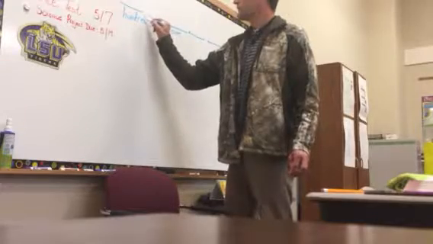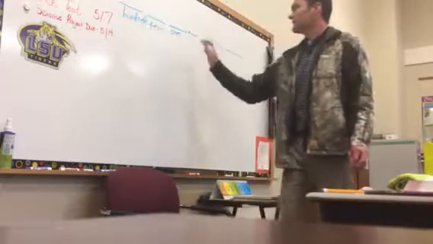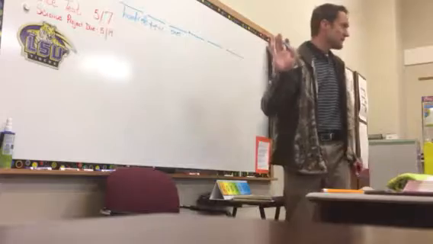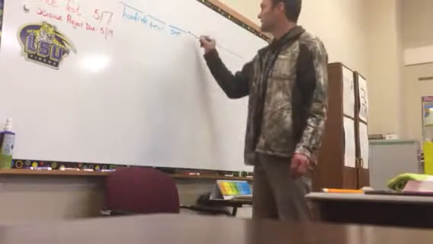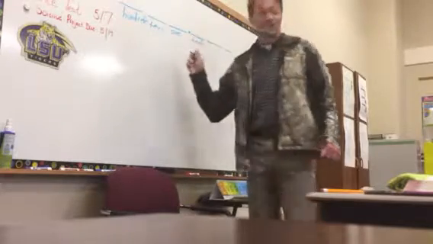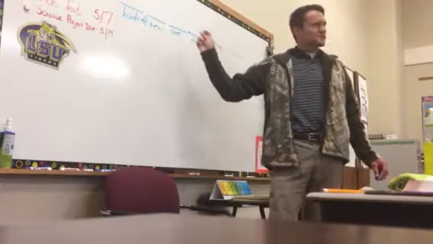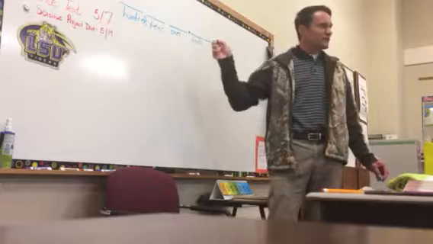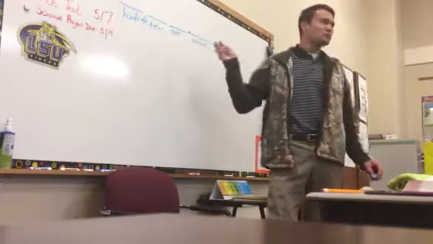Now, when we get to this side of the decimal, our first place is tenths. Okay? It always looks like the decimal is in the middle of our place value, but really our ones place is in the middle.